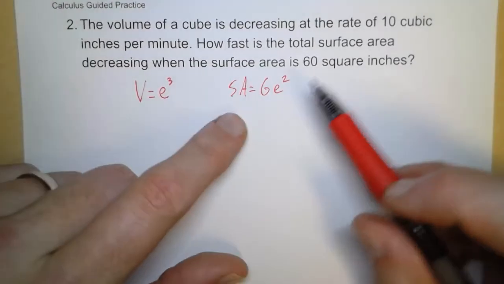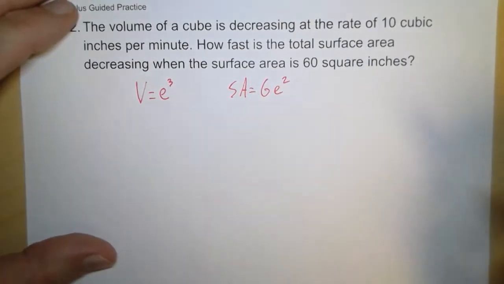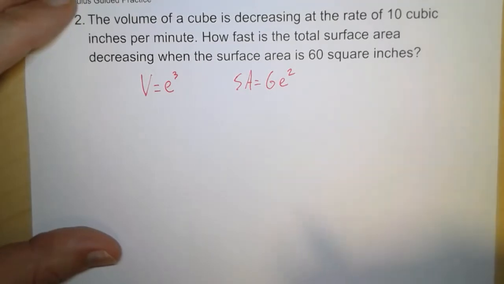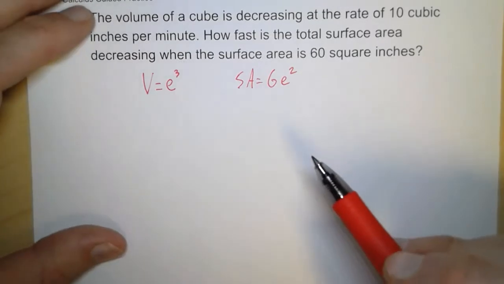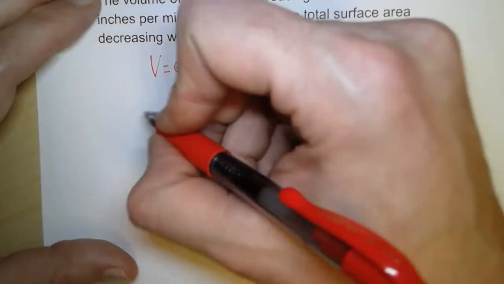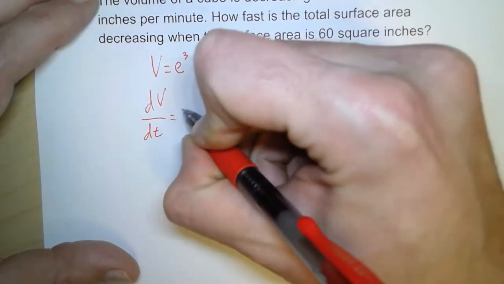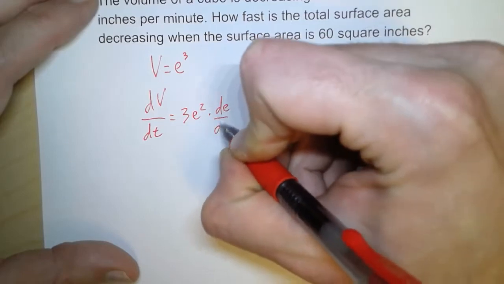We know this rate, and we want to know how fast the total surface area is changing. So we may have to work with both of these. The rate for volume is dV dt equals 3e squared times dE dt.